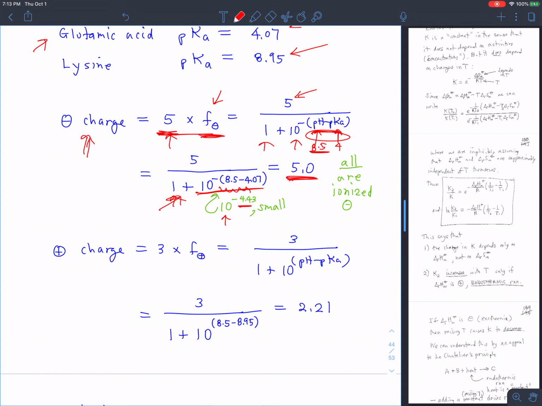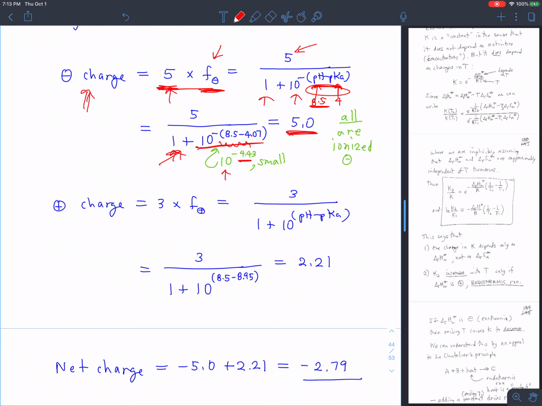They're all ionized. Now let's look at the lysines. Again, we have 3 lysines times the fraction of the lysines that are protonated. So that's 3 over 1 plus 10 to the plus pH minus pKa. And so we're going to get 10 to the 8.5 minus 8.95. Notice that in this case the pH is quite close to the pKa.